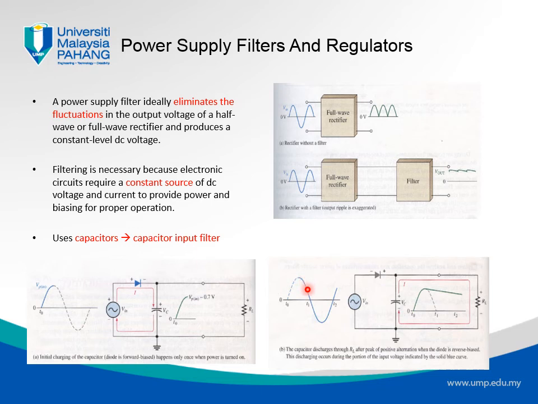So in this portion, when the input voltage starts to decrease, in the output we observe that the capacitor will discharge the stored charge to try to compensate that dV over dt. So instead of the waveform dropping to 0, we see a straight line. This straight line is basically the discharge of our capacitor.